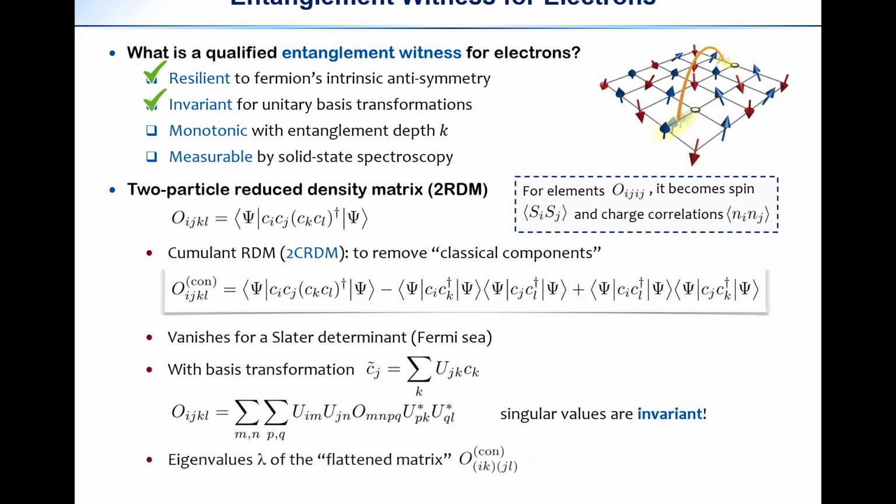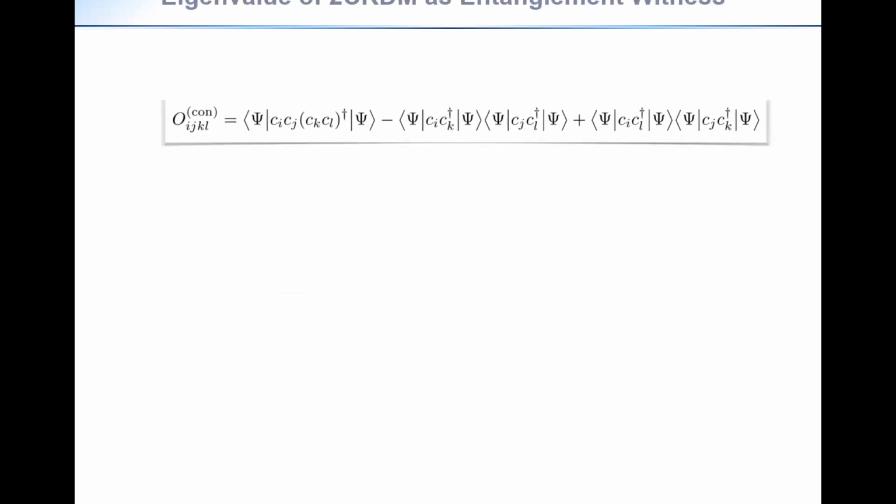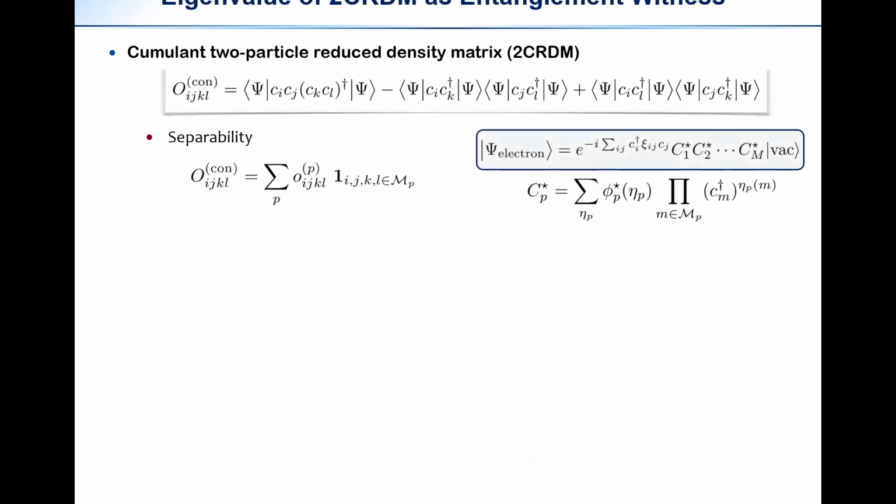To make things easier to calculate, we can flatten the tensor into a matrix by grouping some pairs. This is not a precise estimation of the singular values, but we compared with the tensor decomposition and the extreme eigenvalues are consistent in most cases. Using this idea, we can demonstrate that this tensor, the 2-RDM, is separable when we have the structure of the partitions.